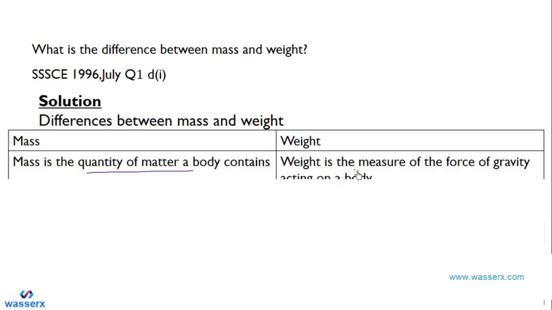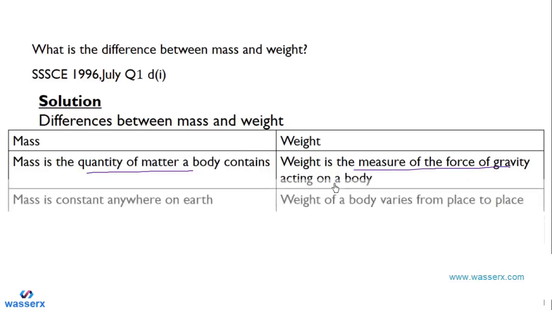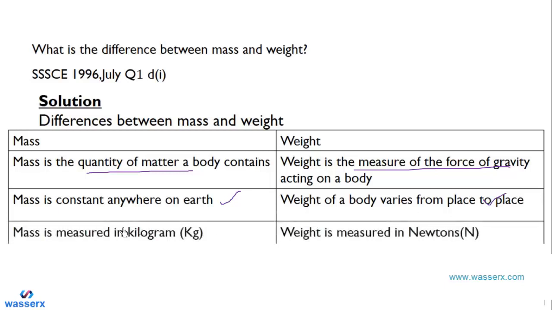Then weight is a measure of the force of gravity acting on that body. Mass is constant everywhere on Earth, but the weight of a body varies from place to place. And mass is measured in kilograms, whereas weight is measured in newtons.